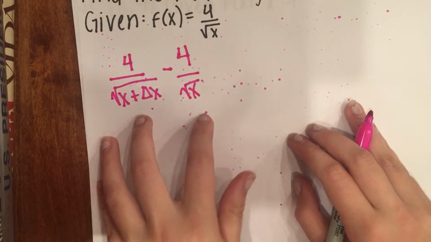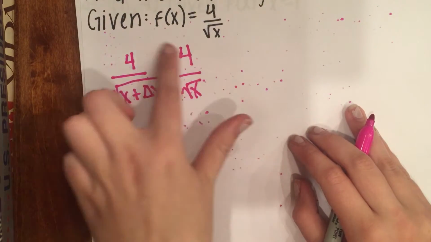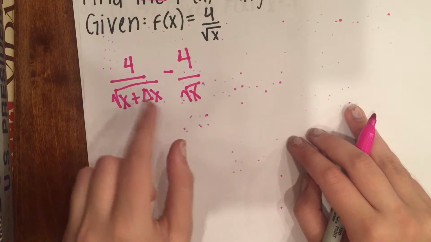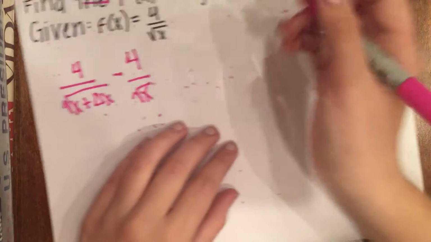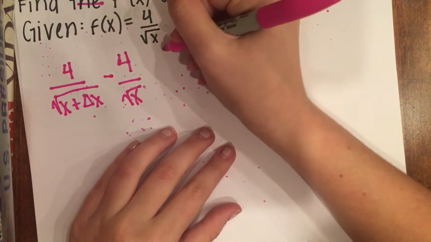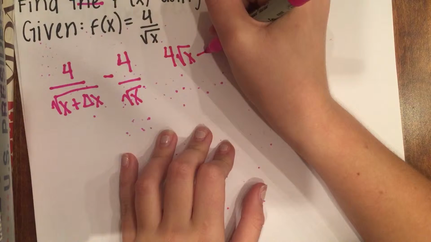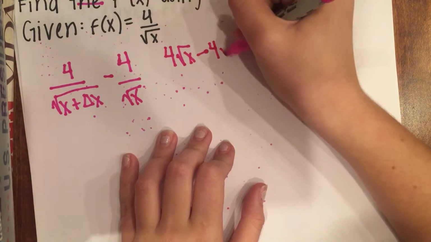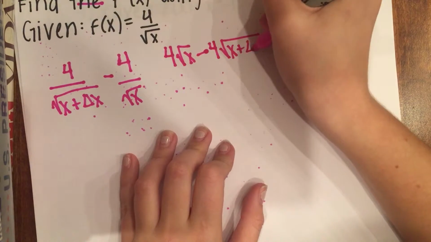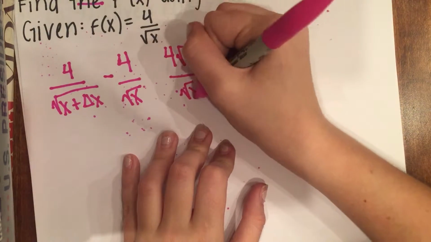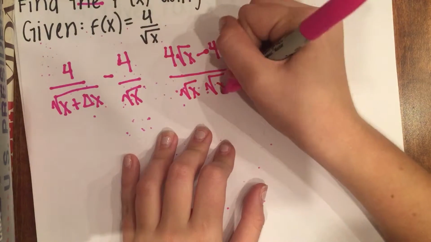I'm just going to stop here because I have to do a lot more simplification because this just looks really ugly right now. So to simplify, I'm going to get a common denominator, and then I'll end up with 4 root x minus 4 root x plus delta x, all over root x times root x plus delta x.